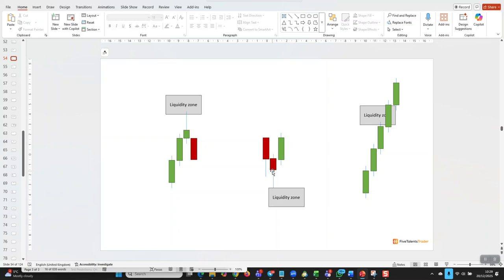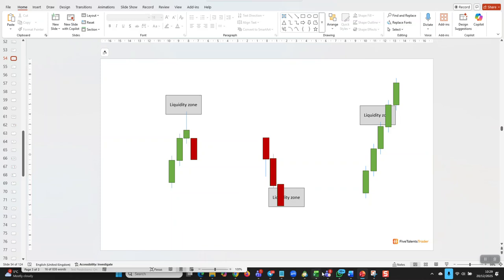Or in this other example, if price comes into the zone and then I get another candle close through it, you can see clearly that this area is failing to hold, so it's likely to go through.